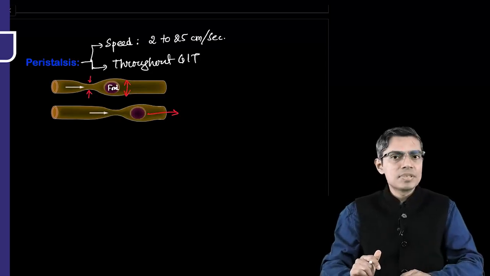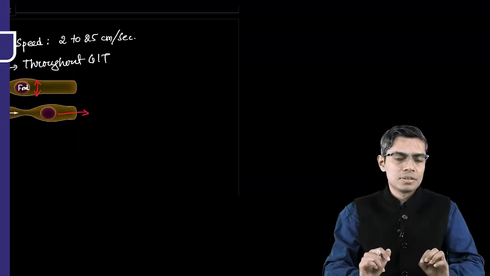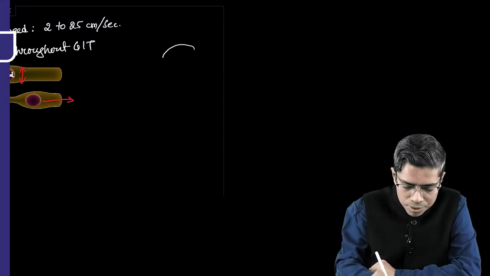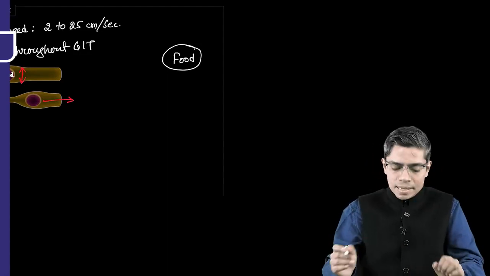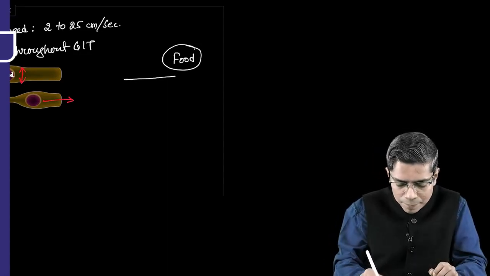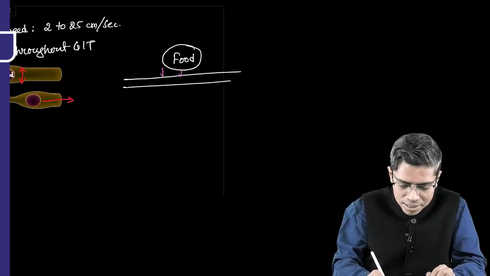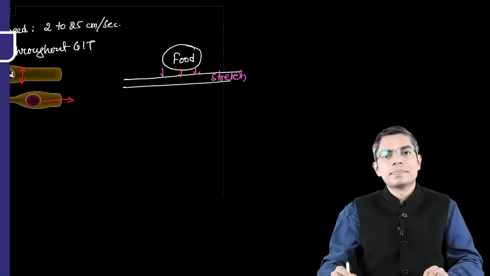Now there are certain MCQs regarding the mechanism of peristalsis. How does peristalsis occur? Suppose this is the food bolus which is present in the lumen of the GIT. In the presence of the food bolus, there will be stretch on the GIT. So this food bolus is causing stretch of the GIT.